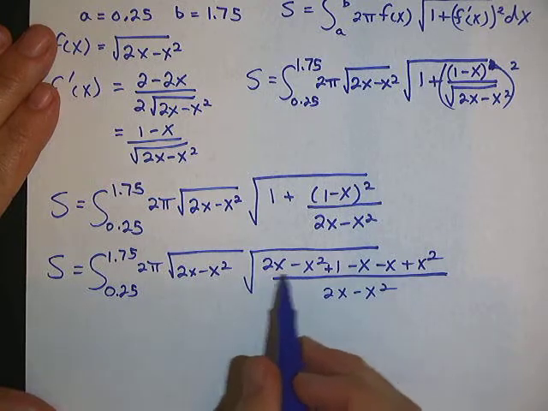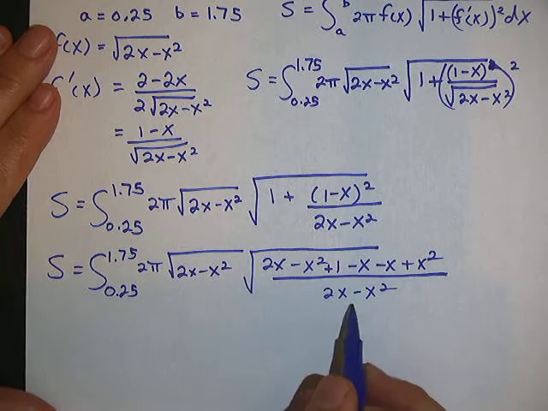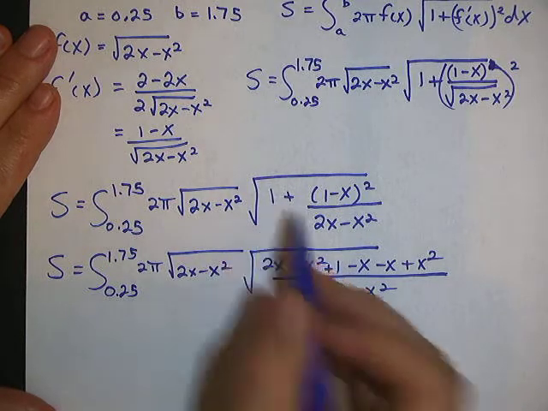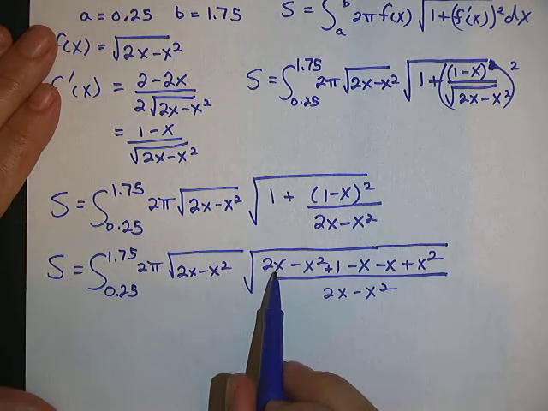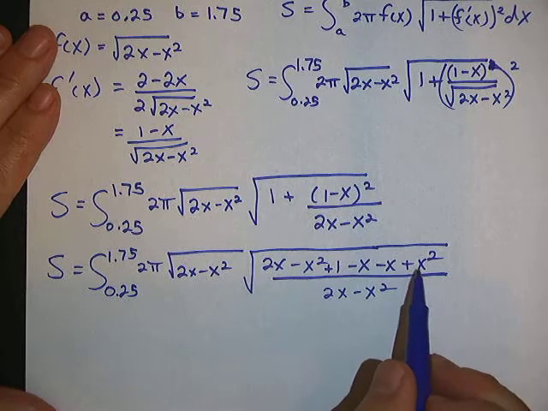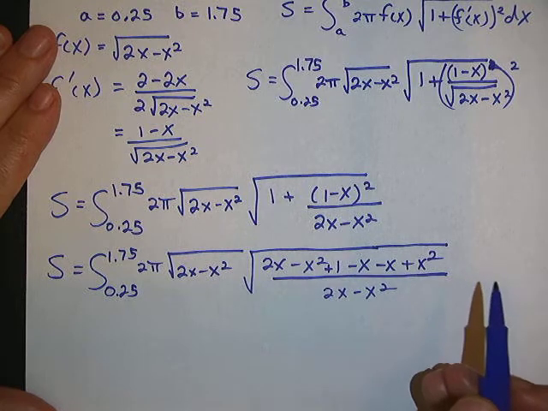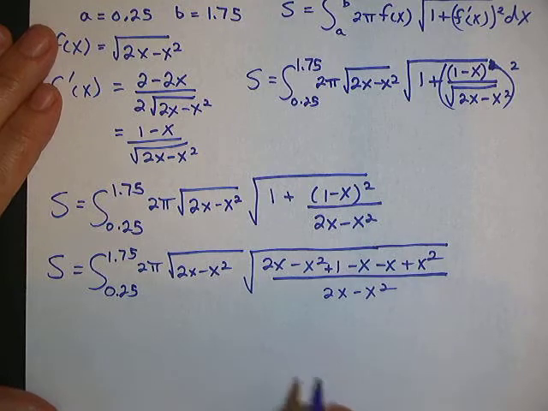Okay, so in case you're confused of where this came from, 2x minus x squared over 2x minus x squared is this 1 right here. If you notice, we've got a 2x, but we also got these terms here that cancel it out. We've got a negative x squared, a positive x squared. So that's all going to cancel out, and we'll get basically just a 1 on top.